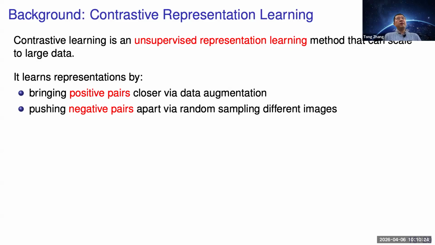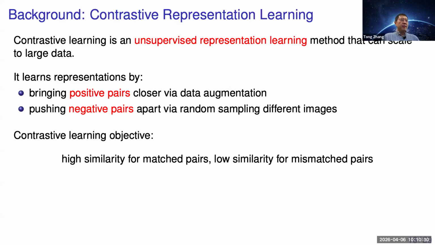Then you do contrastive learning on positive versus negative: high similarity for matched pairs, low similarity for mismatched pairs. So you are actually learning similarity, and CLIP also learns similarity. Similarity usually is cosine similarity.